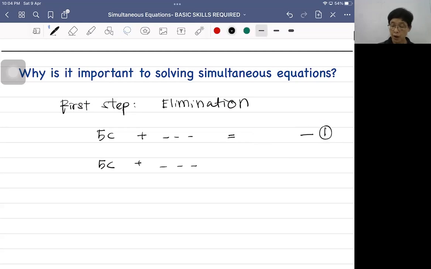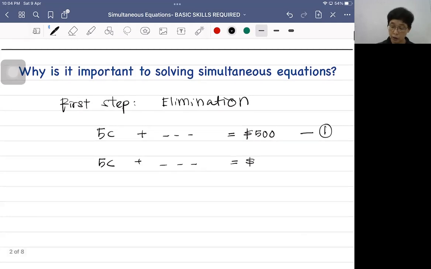Let's say he paid 500, maybe it's the petrol money or whatever. And then another person also using 5 cars and something else actually pays, let's say, $280. Besides using cars, maybe the first person is using 6 motorcycles, and the other person, using 5 cars, uses 2 motorcycles.